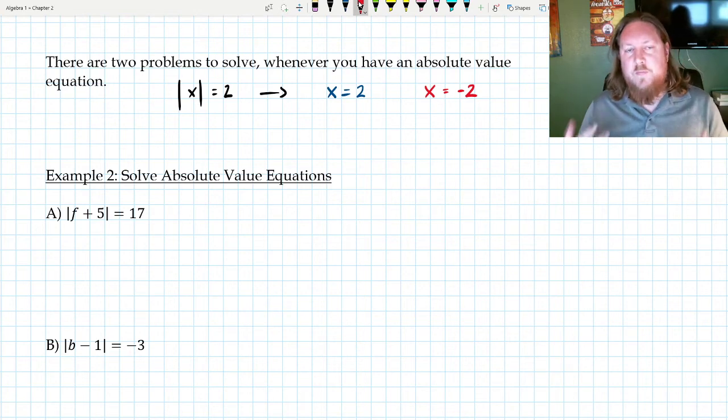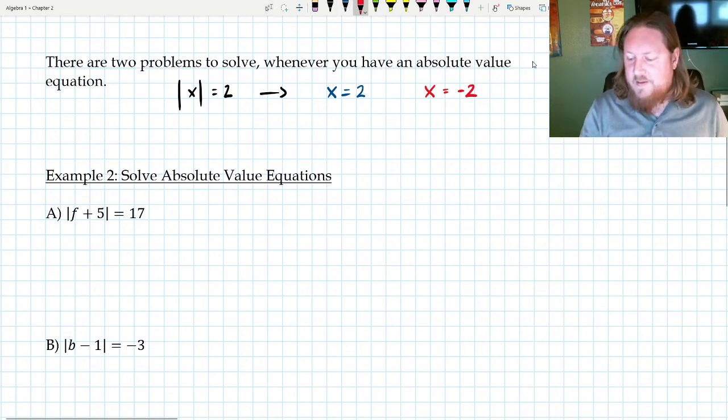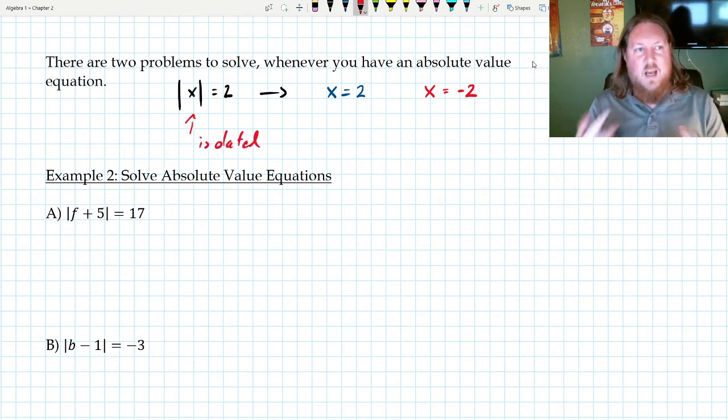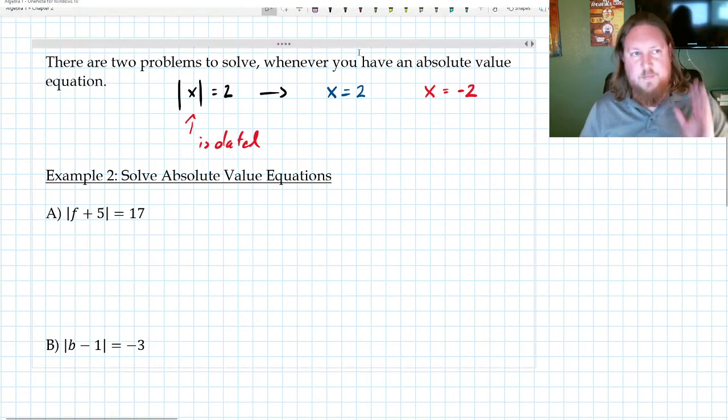So then you have two separate equations that you're solving for each one of these. Now what does that look like? And a big thing here is the absolute value has to be isolated. If it has anything attached to it, either through multiplication or through addition or subtraction, you have to rearrange everything so that the absolute value is all by itself before you can split it into 2. You can't just split it right away.